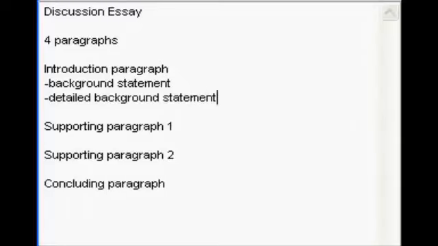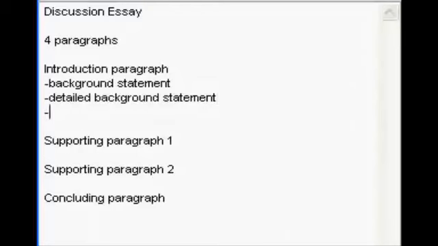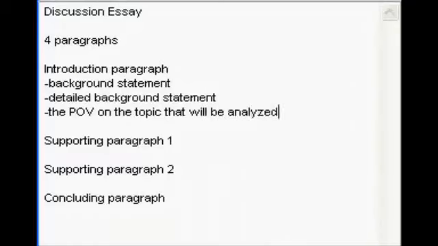So it's basically a little bit more information on the topic that we introduced in the first sentence. The third sentence is the points of view on the topic that will be analyzed. If you're writing this for an IELTS exam, it's going to be probably 2 points of view on the topic that you're going to look at.